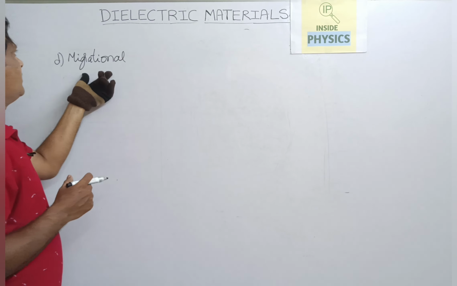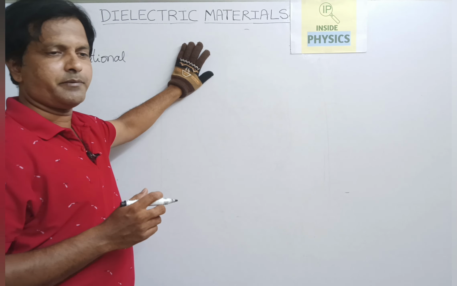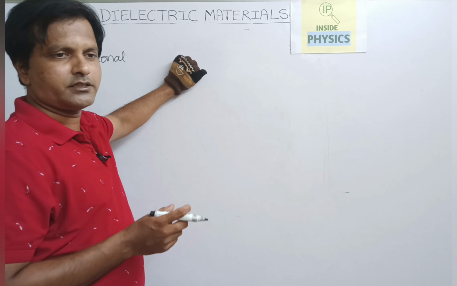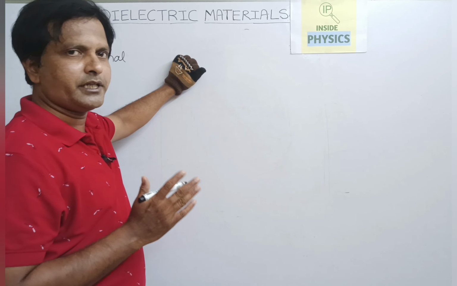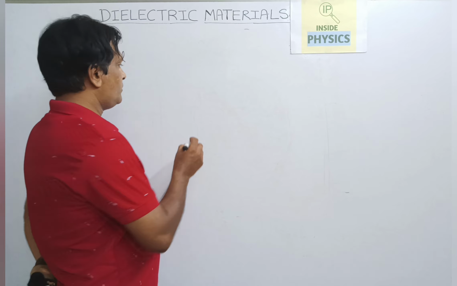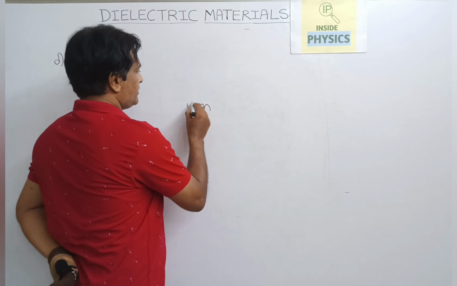The migrational polarization will be present in some heterogeneous dielectric materials and some homogeneous dielectric materials which have some impurities.